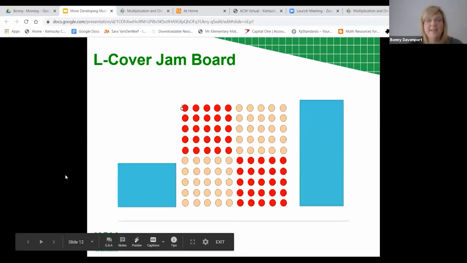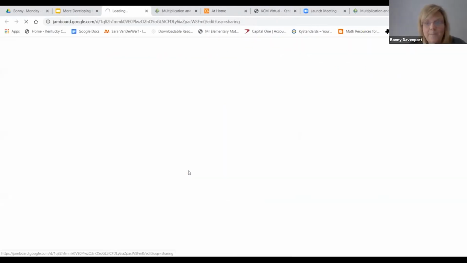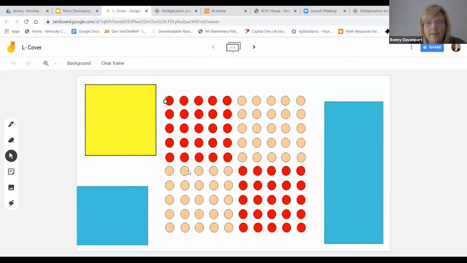Okay. So I did make a Jamboard, and I am no expert on Jamboards at all, so you might be able to do this with your kids a little bit. So we will go to the Jamboard here. And I have my 100 grid array here. So let's say that we are going to think about the multiplication fact of 4 times 3.